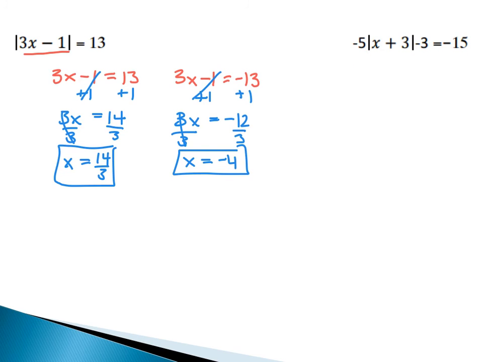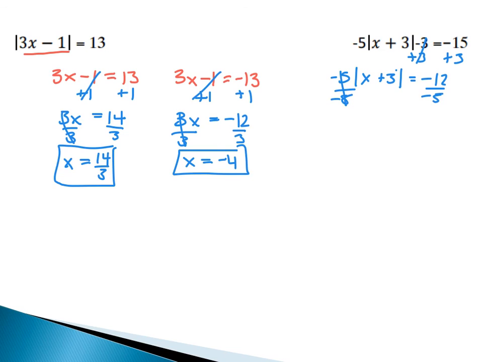So even though I see a negative 15 after the equal sign, I'm still going to isolate everything else. I'm going to add 3 to this side. Negative 5 times the absolute value of x plus 3 is going to equal negative 15 plus 3, which is negative 12. Then I'm going to divide by negative 5.